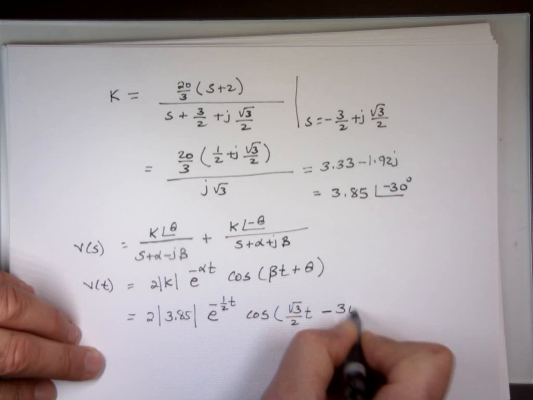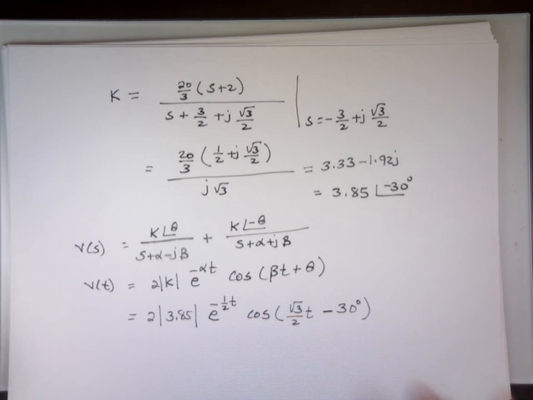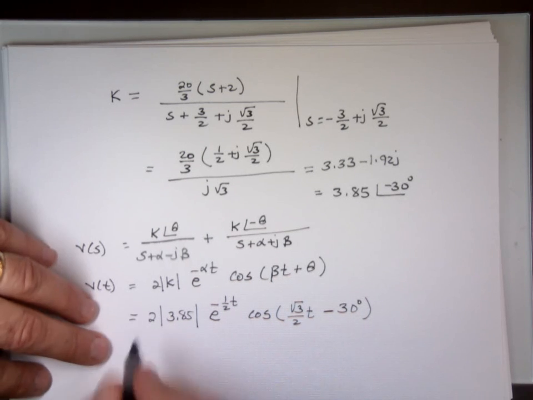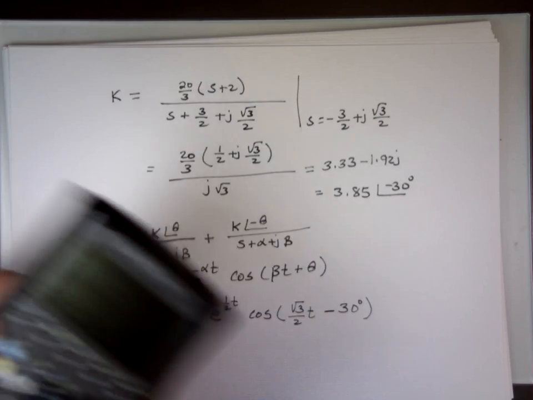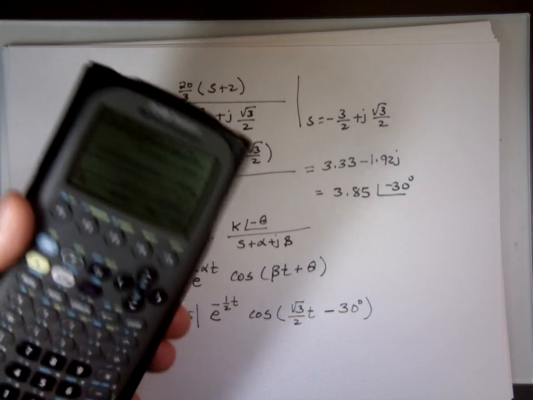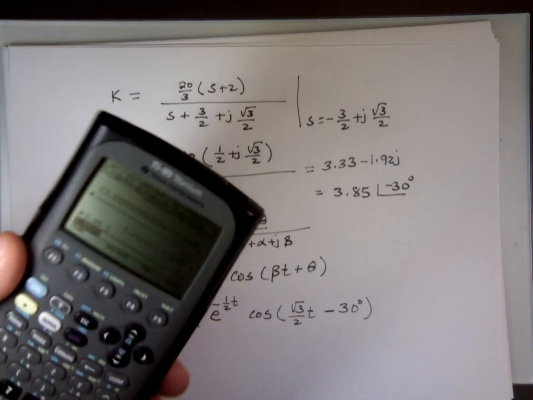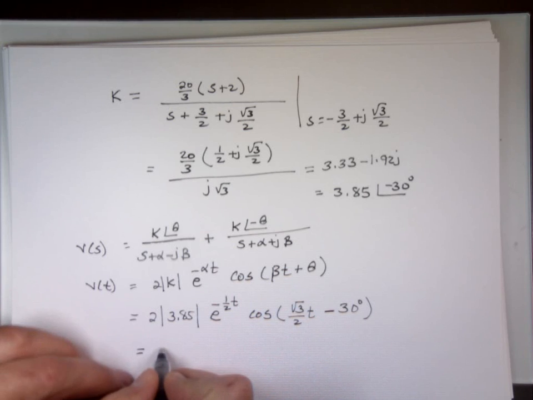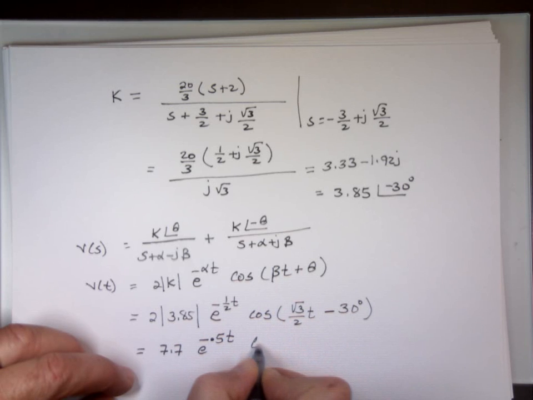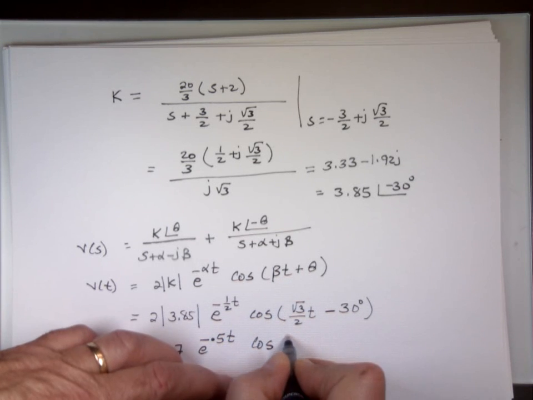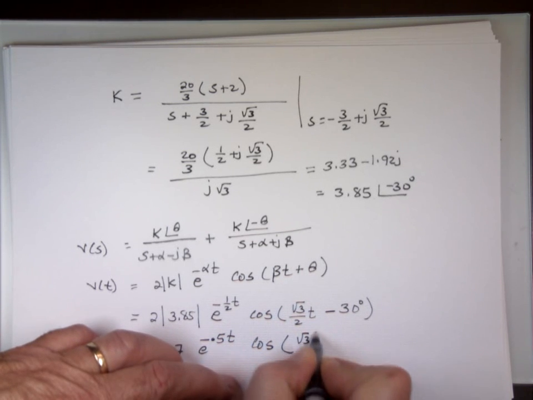And 2 times 3.85, what's that? 7.7 maybe? 3.85 times 2, 7.7. E to the negative 0.5t if you want it. Cosine, I can leave this the way it is, the square root of 3t divided by 2 minus the 30 degrees.